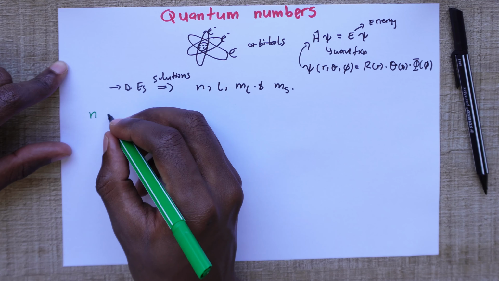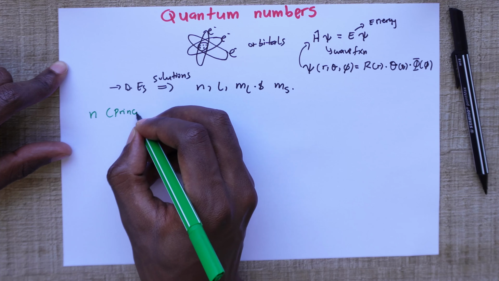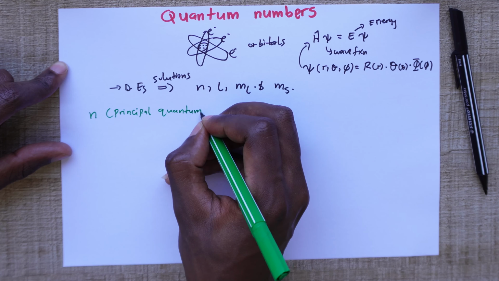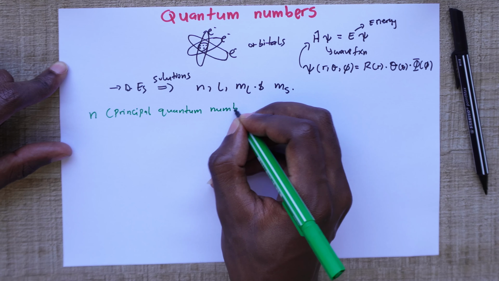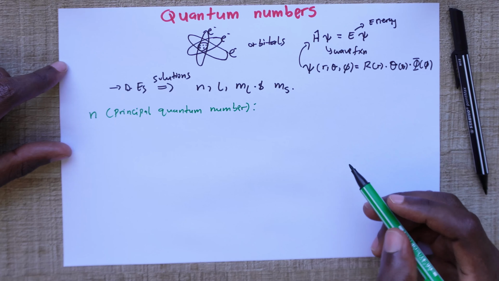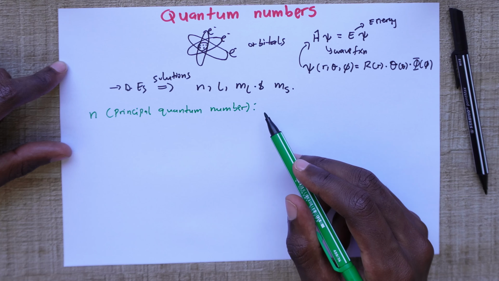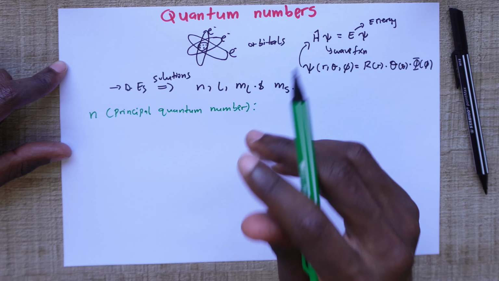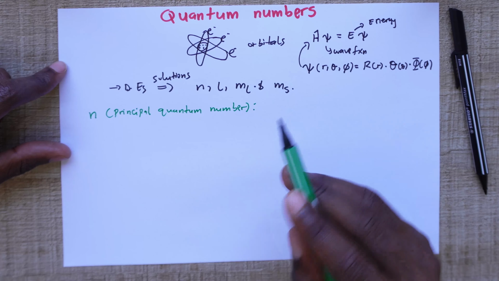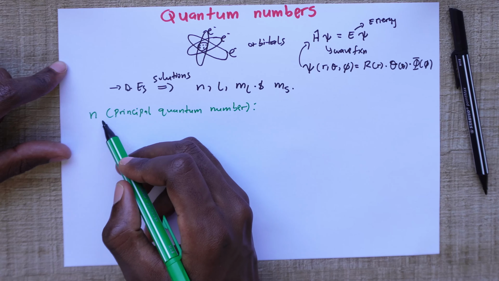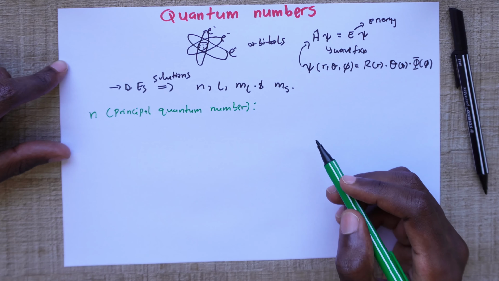n is known as the principal quantum number. This quantum number indicates the shell in which the electron resides. You know, electrons orbit an atom in shells, just like bookshelves. And the higher the shelf, the higher the quantum number, thus the higher the energy.